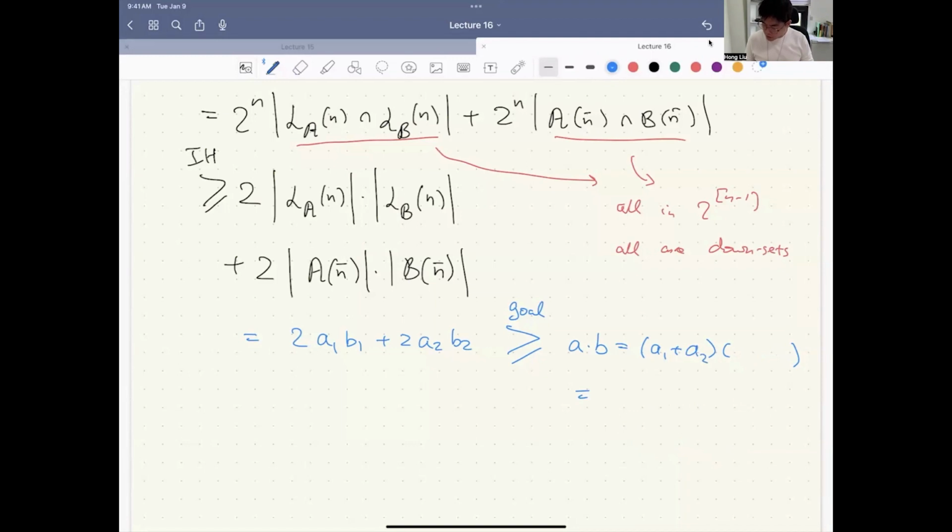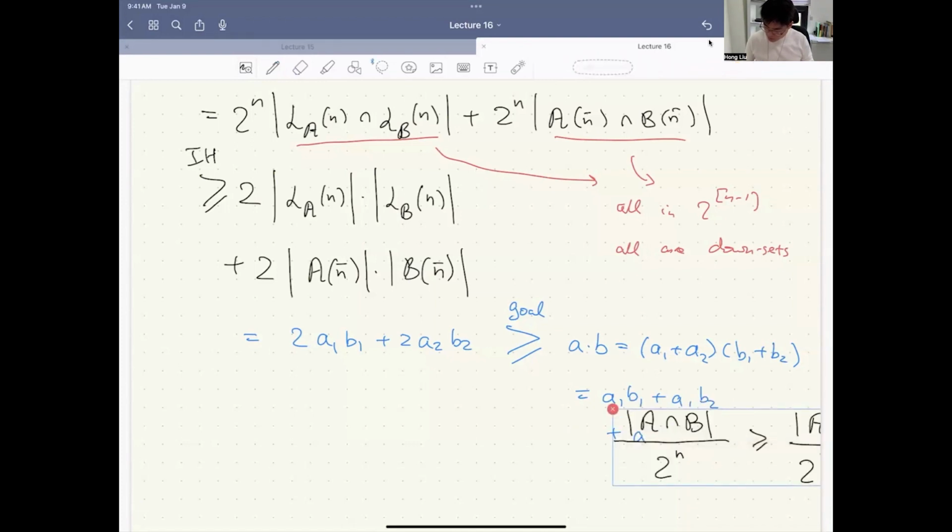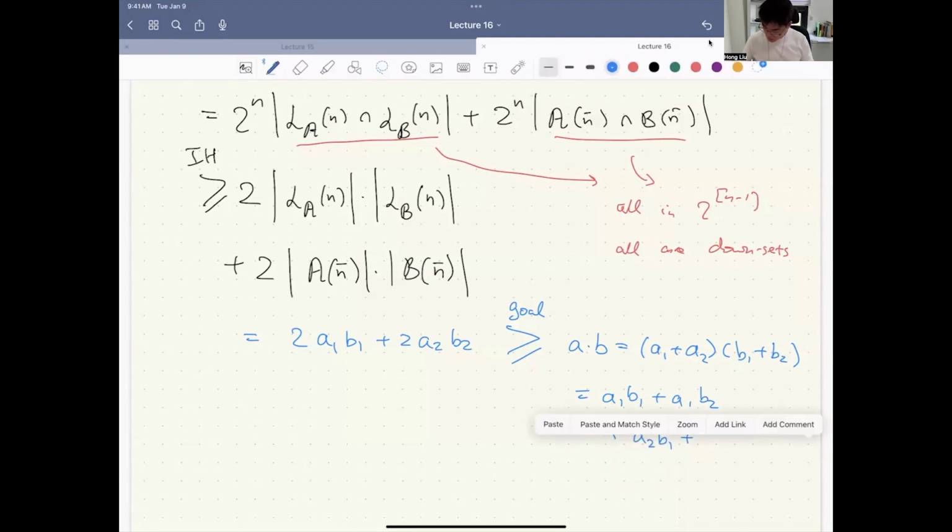A is A1 plus A2. B is B1 plus B2. So this is A1 B1, A1 B2, A2 B1, A2 B2. So now we can cancel one portion of this, one portion of that.